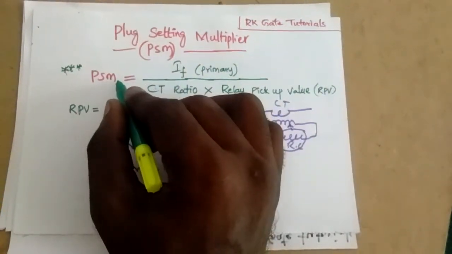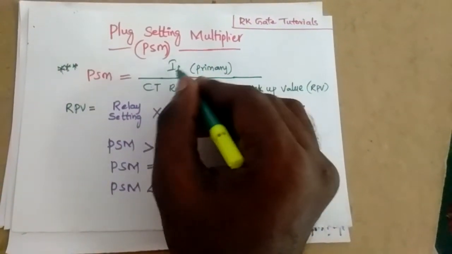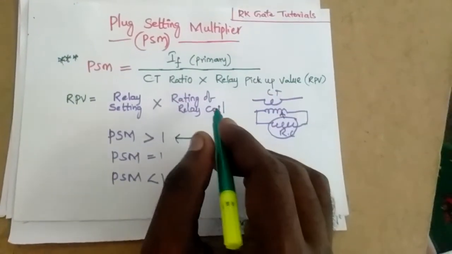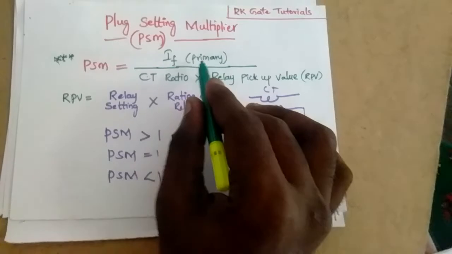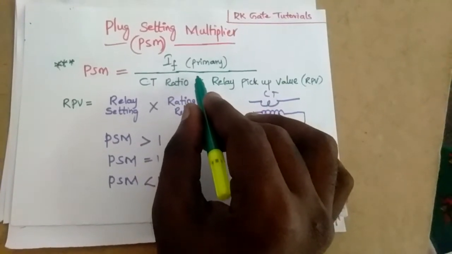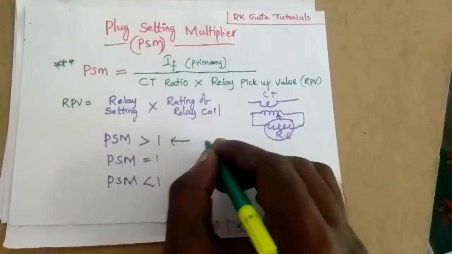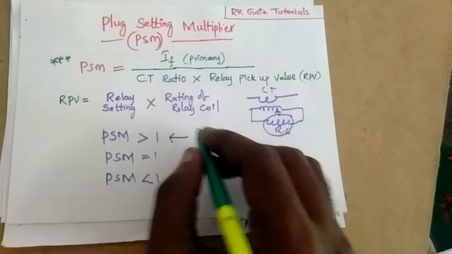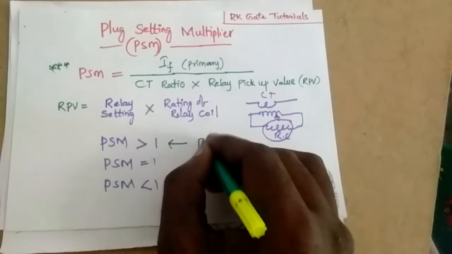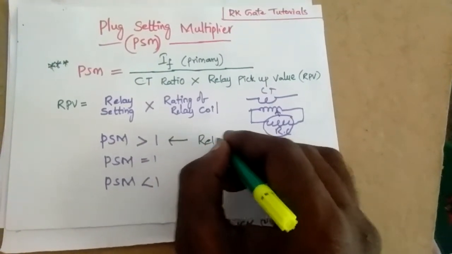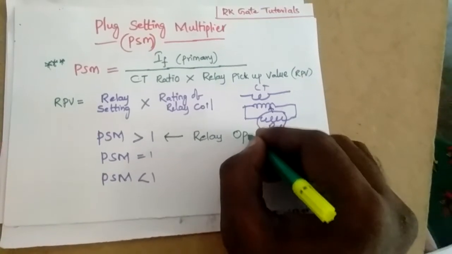PSM greater than 1 means the fault current is more than the other part of the division, which means the relay operates. So whenever you calculate PSM greater than 1, it is concluded that the relay operates.